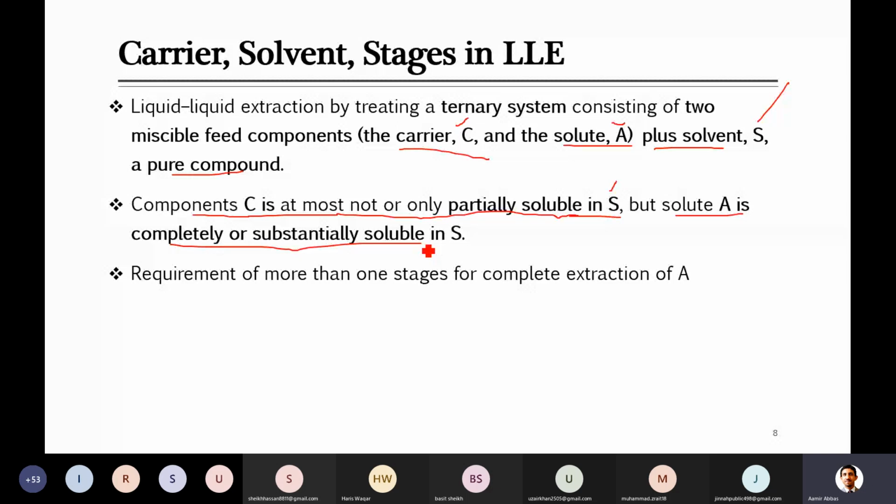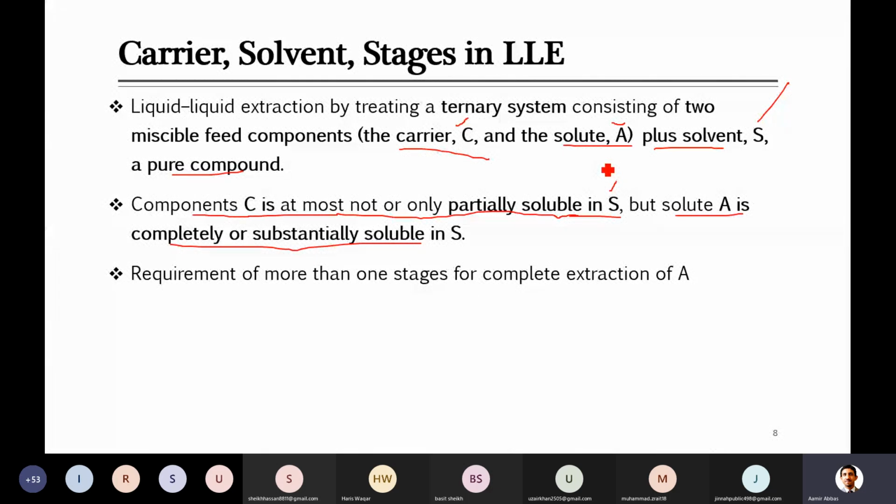So mostly more than one stage is needed for complete extraction of A, as I have shown you in an earlier diagram, and I told you that the complete solute A is not transferred from the feed to the solvent in one go. Before this, you majorly studied either distillation or absorption.